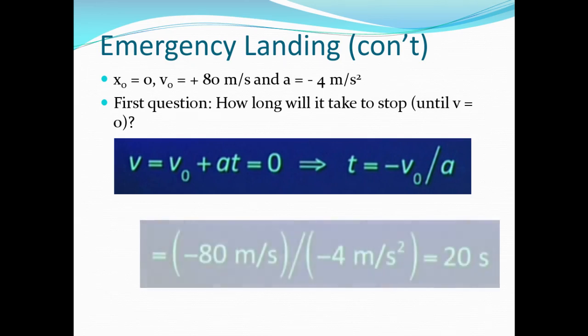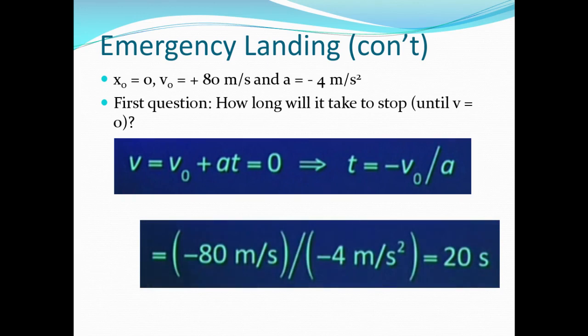So let's do the numbers on that. We have 80 meters per second for V naught and negative 4 meters per second squared for acceleration. This formula predicts it'll take 20 seconds to stop. So from V equals V naught plus AT, you could use that to solve for the time it takes to stop.